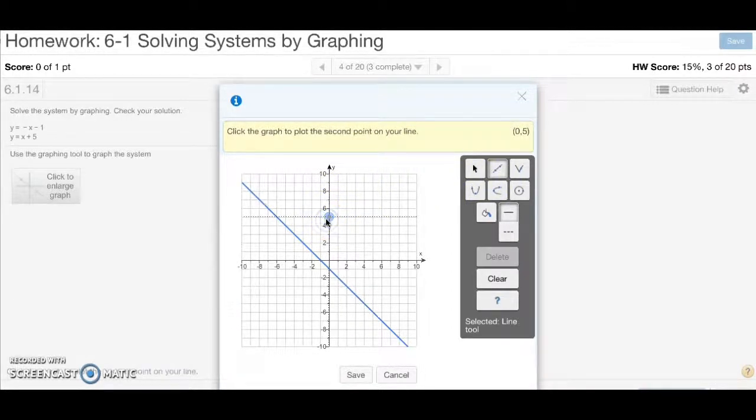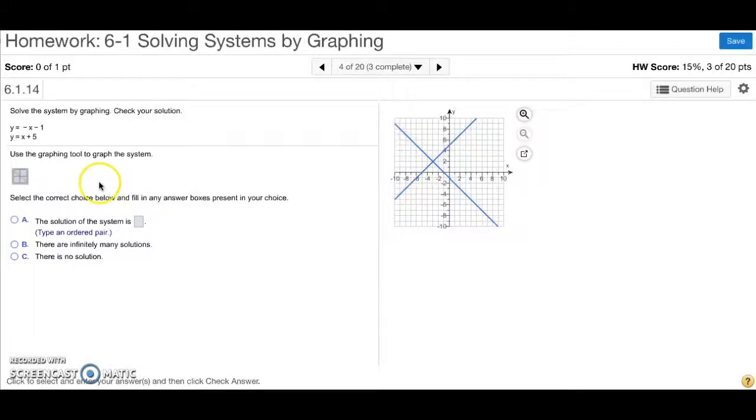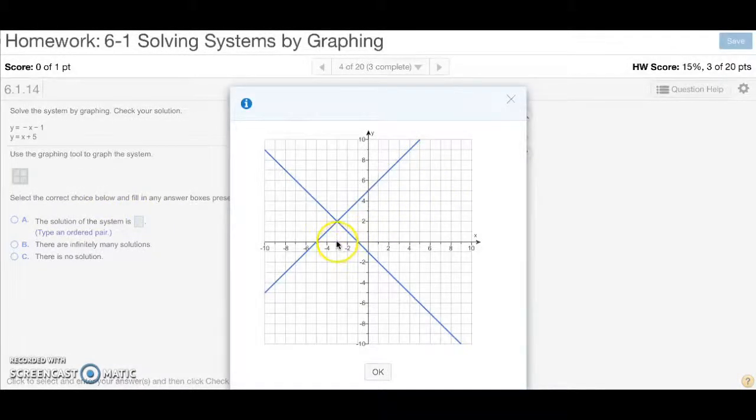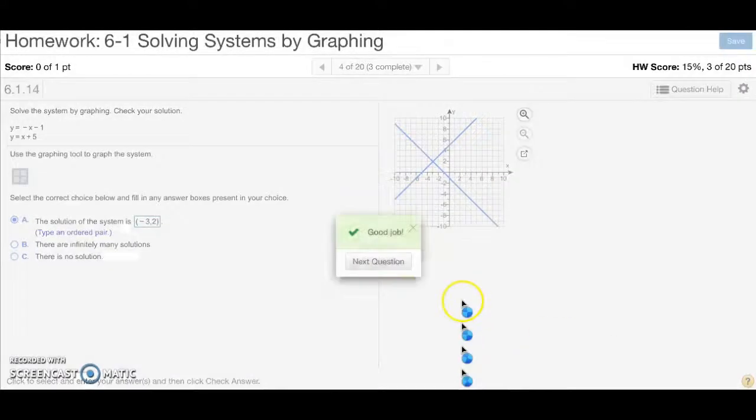So then I go up 1 to the right 1 because it has a slope of 1. Then these will be my graphs. Check answer. Now I see where they intersect. To make it larger, I have a negative 3, 2 as my solution. So I have parenthesis, negative 3, 2, parenthesis, and check answer.